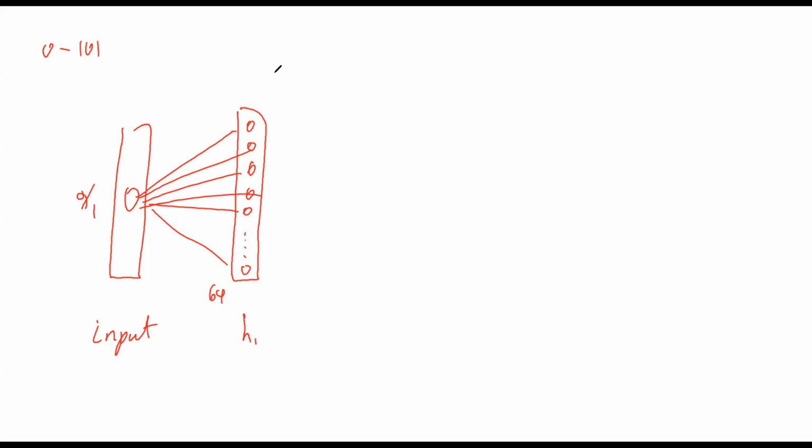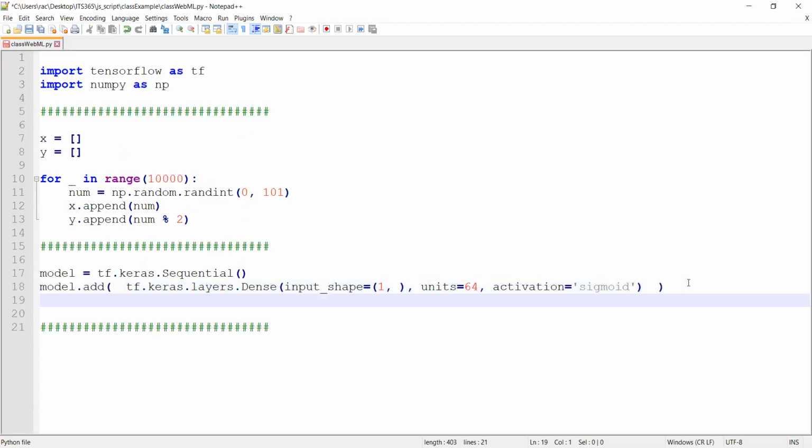So now I go to the next part. We're going to go back to the Python code. And please stop me if you have any questions. All right, so now let's do another layer. I'm going to do model.add, and I'm going to do tf.keras.layers.dense, right?